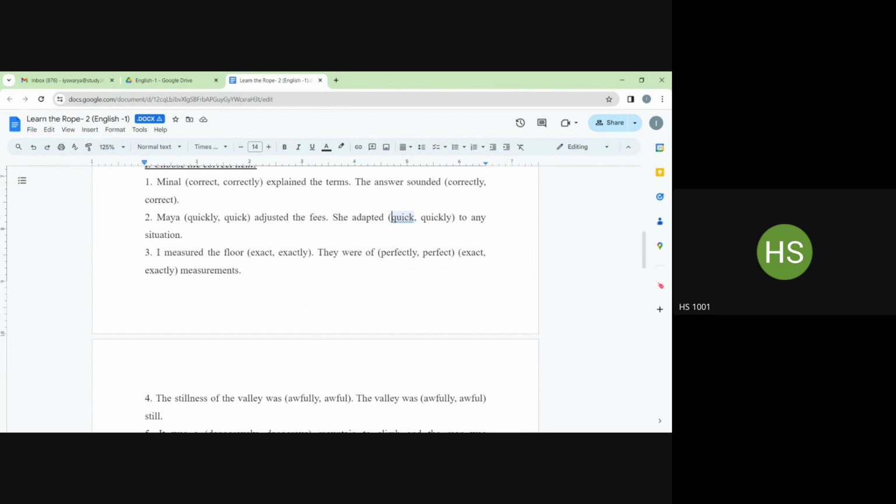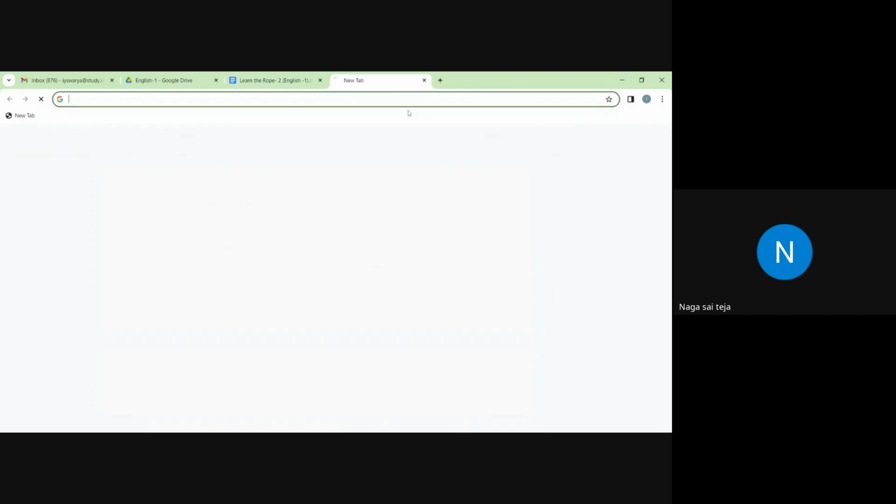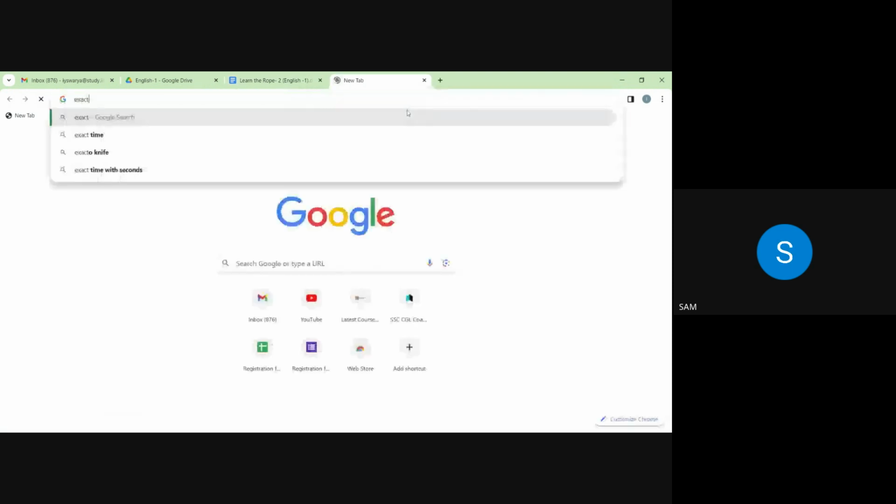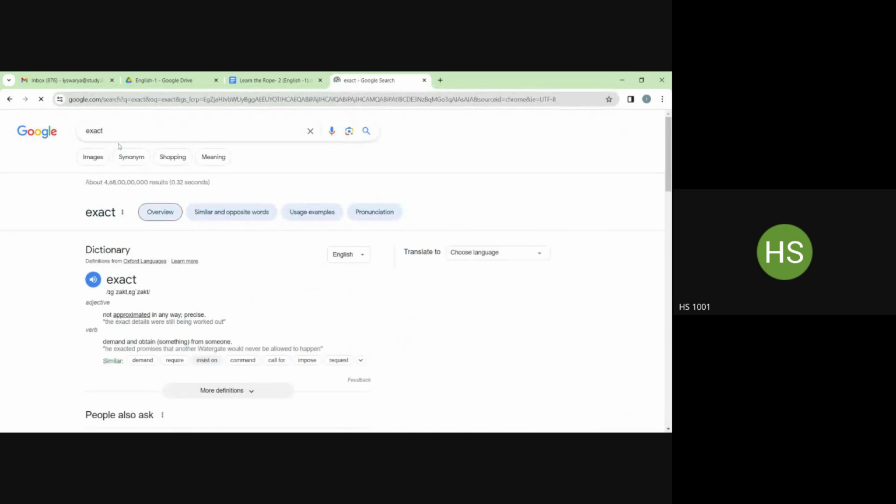I measured the floor. How did you measure the floor? Exactly. Right. So you need to ask these questions. Only then will you be able to get the right answers for this.